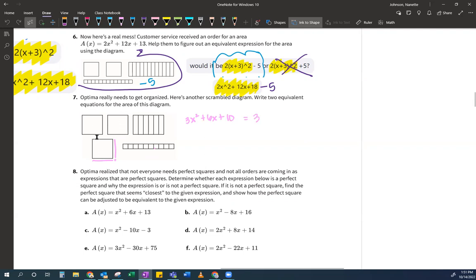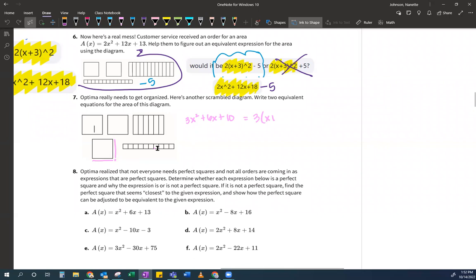How long is each side? Oh no, this one right here is just x plus 1, right? You guys all see that? It's x plus 1. Yeah, good. So this is going to be x plus 1 squared.